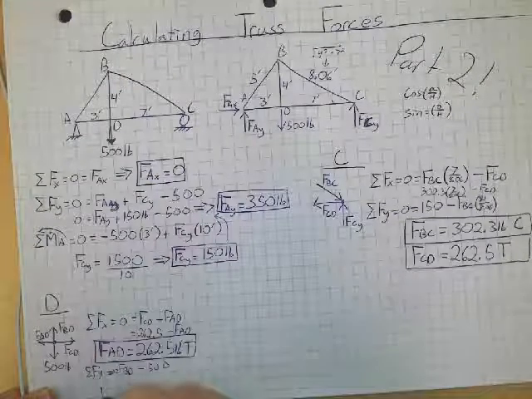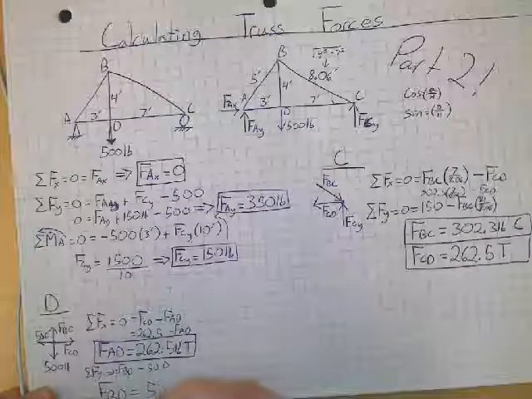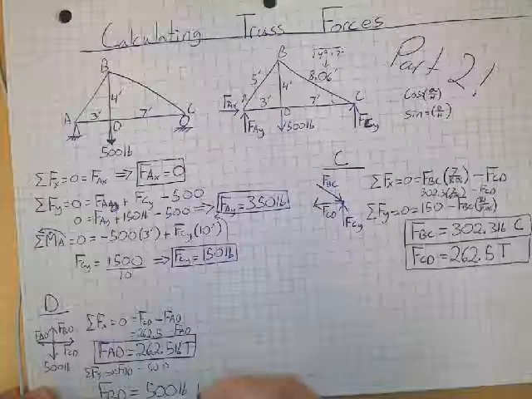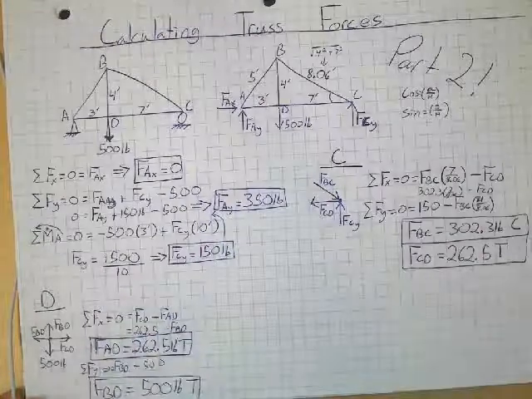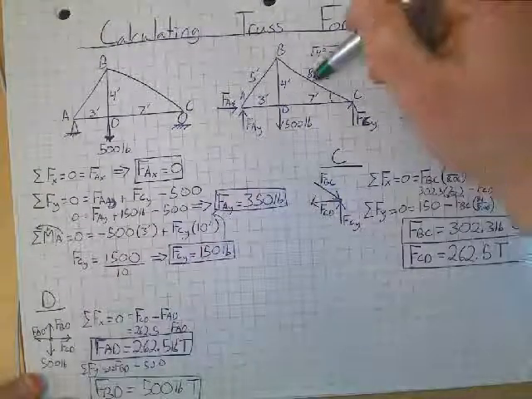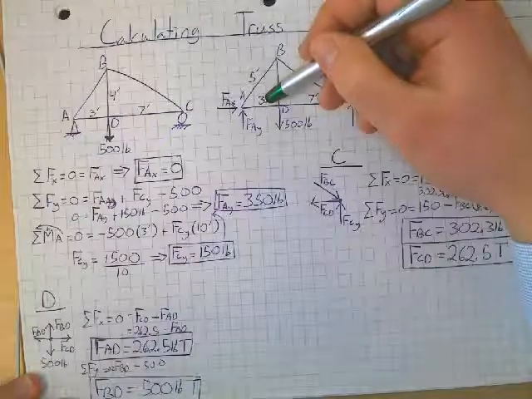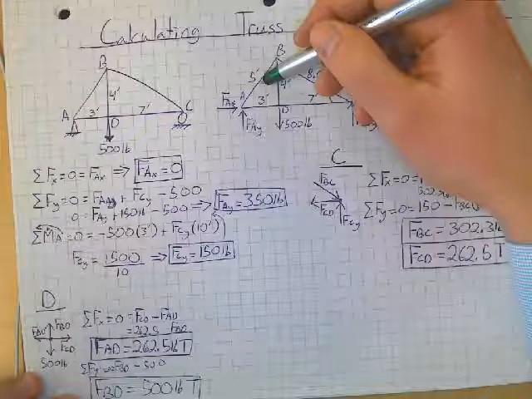So FBD is going to be equal to 500 pounds, and that also will be in tension. Okay, so I've got 1, 2, 3, 4. So I've got BC, I've got CD, I've got BD, I've got AD. The only one left to figure out is AB.